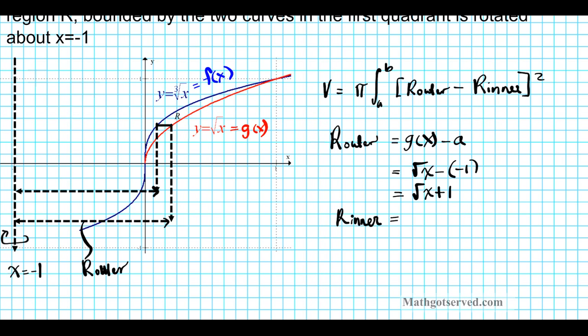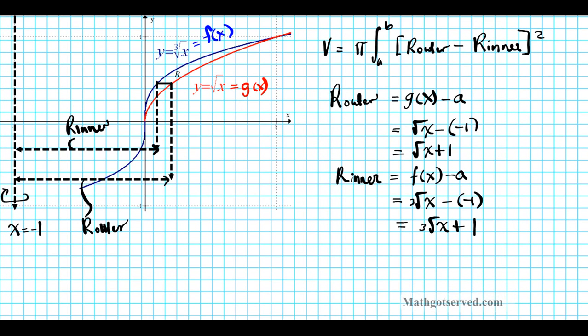So our inner is going to be f of x minus our axis of rotation a. So that's going to be the cube root of x minus -1, and we have the cube root of x plus 1.